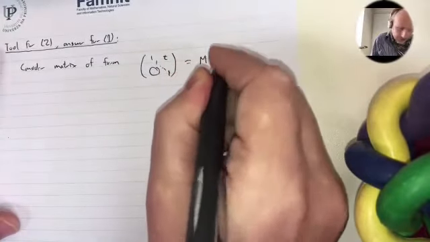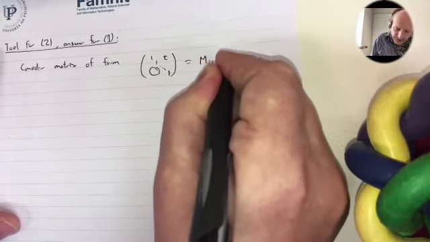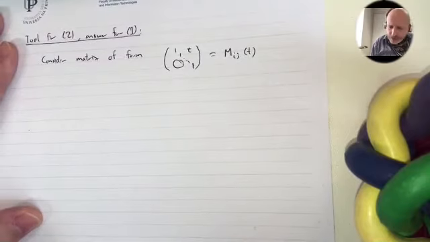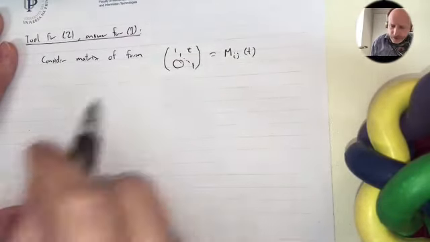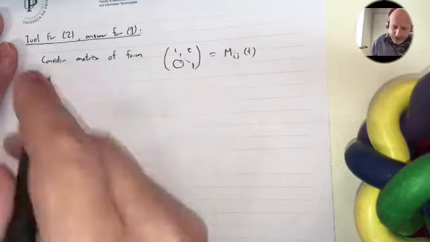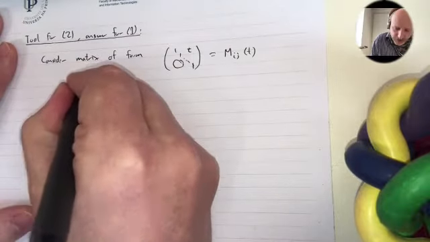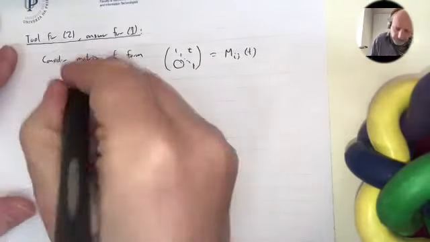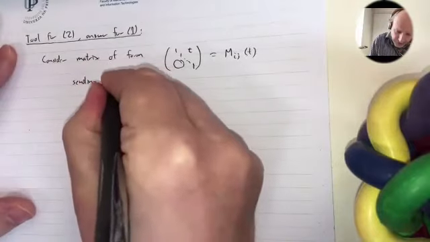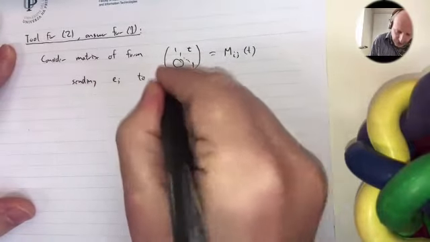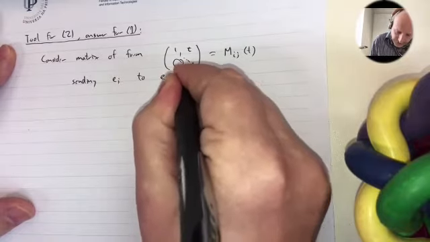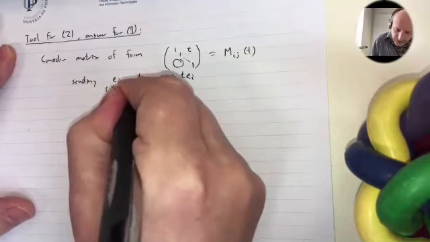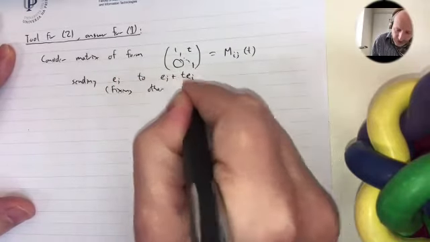Let's call this M_ij(T). To make this work out right, I need my matrices to act on the right, which is the right way to do it anyway, because, well, right is right. So this is the matrix sending e_j to e_j plus T e_i, and fixing the other basis elements.